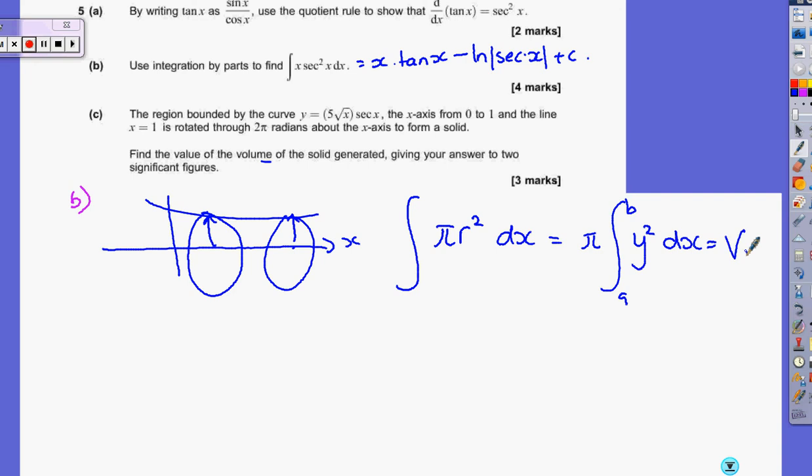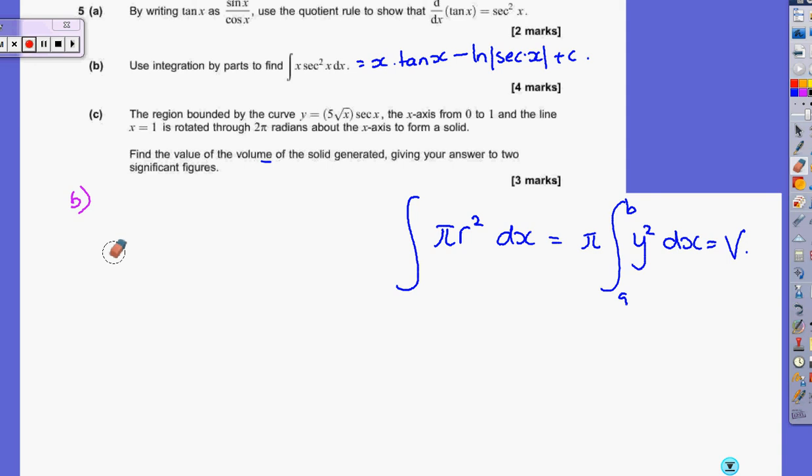So, looking at that, the first thing we've got to do is go back and see what our y is. Now our y here is 5 root x in a bracket sec x. There's no pluses, so when you square it, you're going to square each and every single term. So you're going to end up with 25x sec squared x.